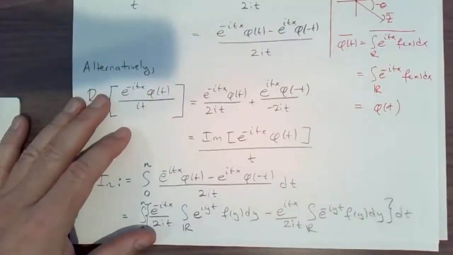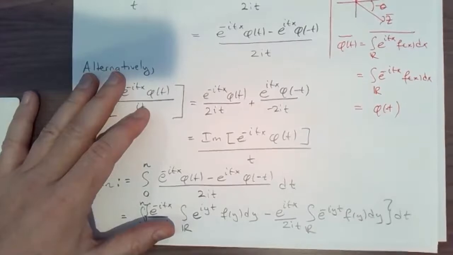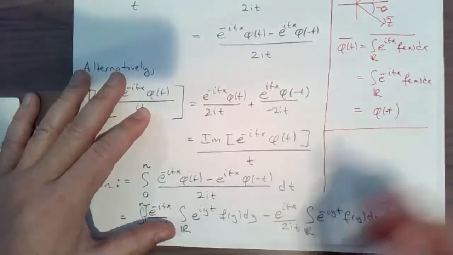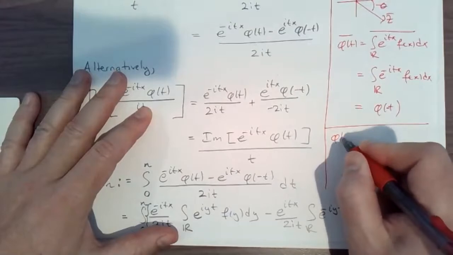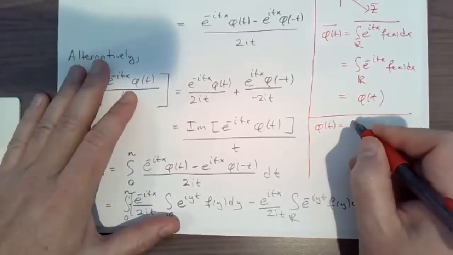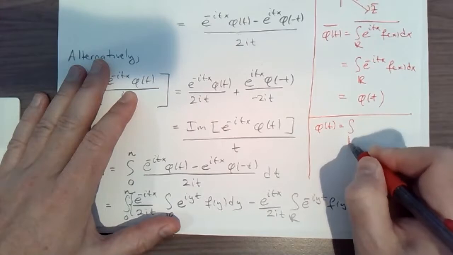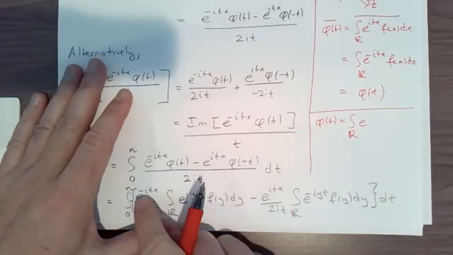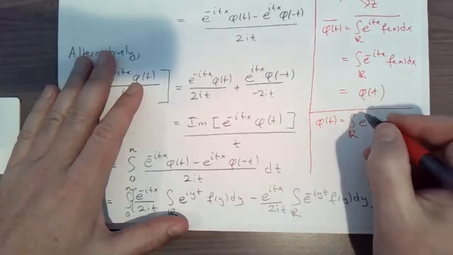Right, so here, what am I using? I'm using that phi of t is the integral over R of e to the iyt f of y dy. I'm using y here instead of x because x is already used for something else.